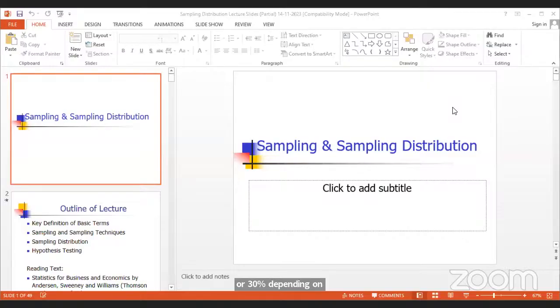So that means your exam could be 60% or 70%.